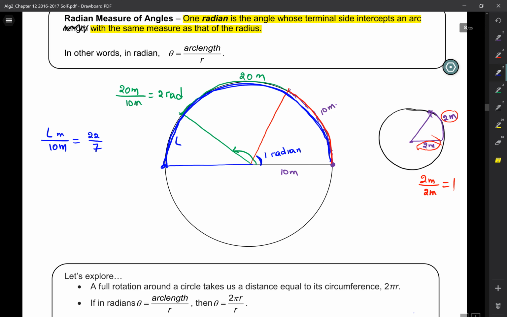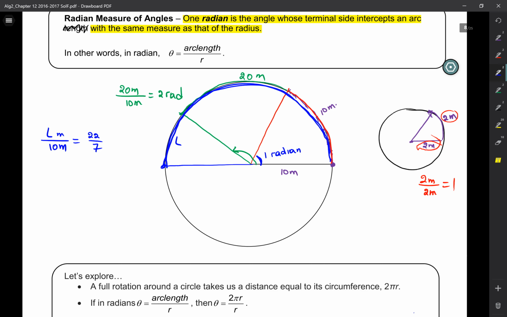The way they figured it out is they took circles of different sizes, and the circumference over the diameter, or this length over the radius of all of the circles turned out to be the same ratio, about 22/7. That's where pi comes from. It's an irrational number.